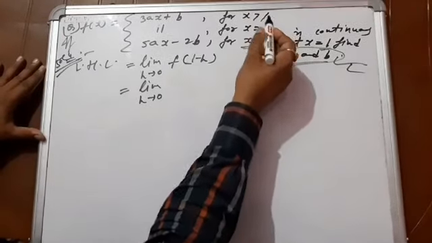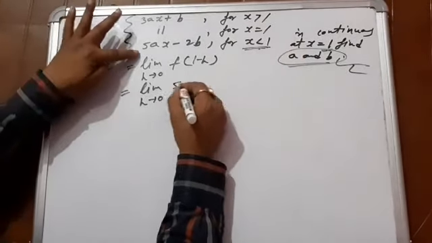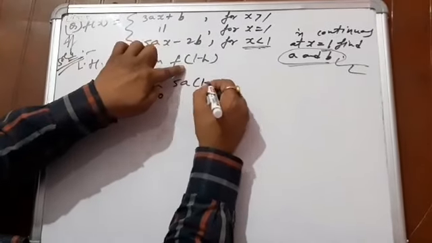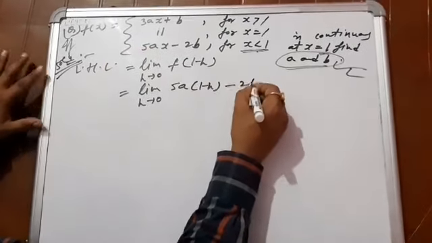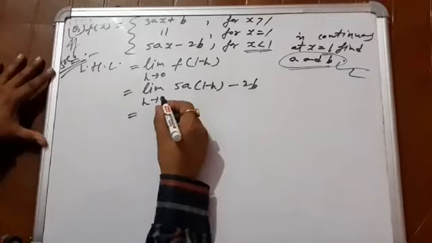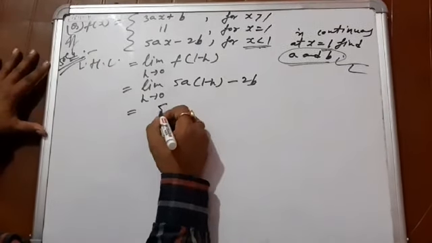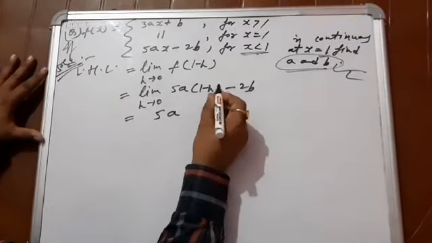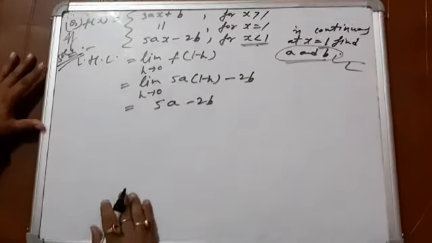Here it is for x less than 1, so it is 5a(1 - h) - 2b. While using h tends to 0, h becomes 0, you get 5a - 2b, the LHL.